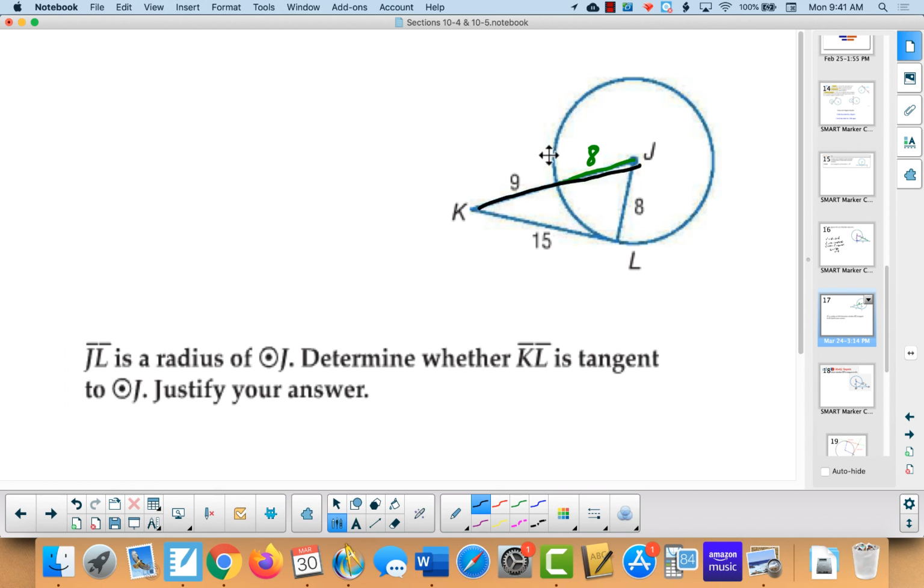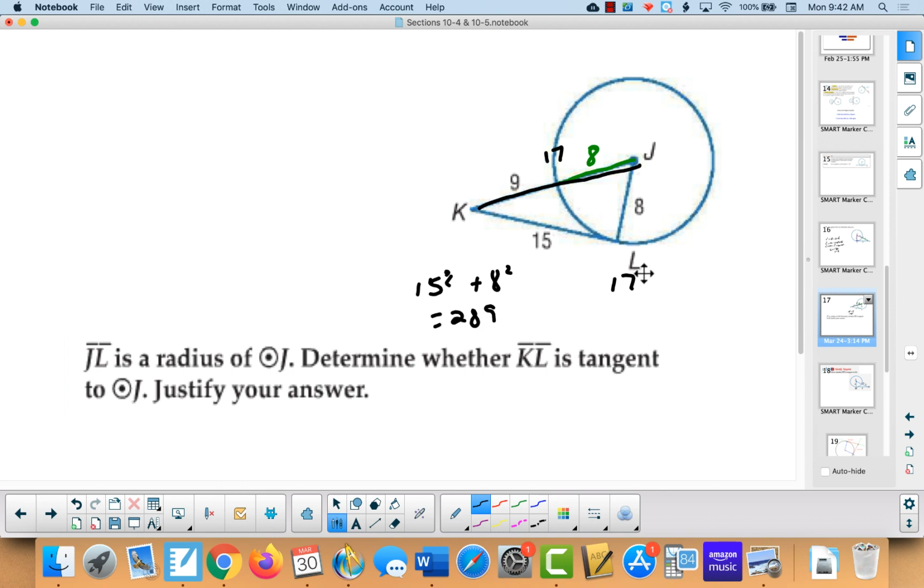And we add those together. So I can say 15 squared plus 8 squared and that gives me 289.